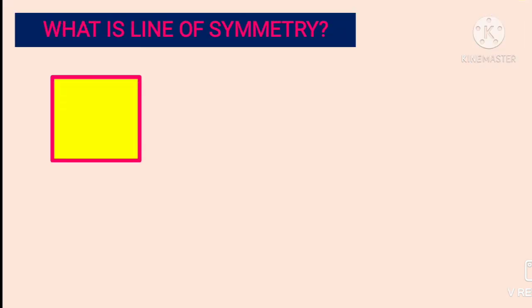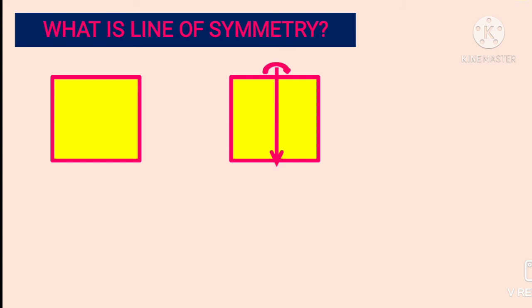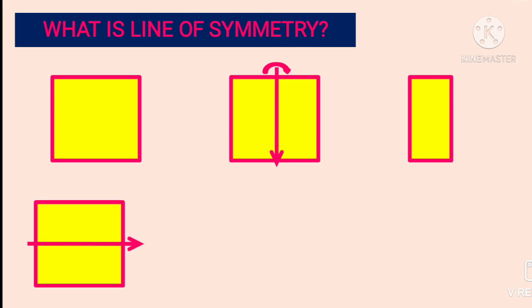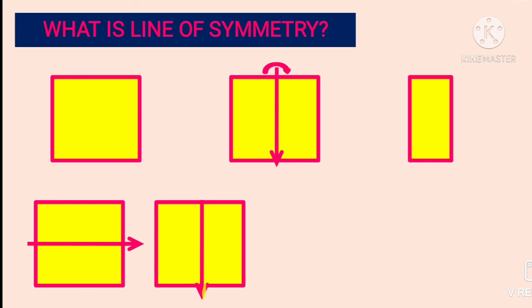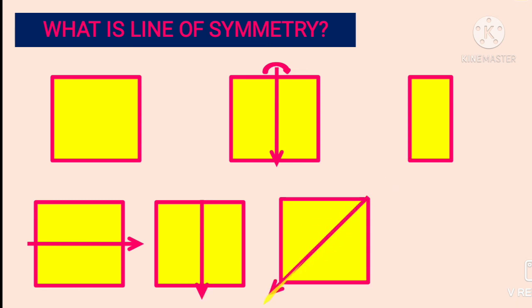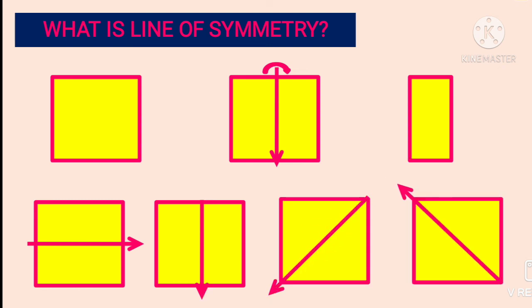So what is line of symmetry? And one figure can have more than one. Definitely, look at this square. You can put one line in the middle like this, and you can fit exactly the same. And then how many lines of symmetry does the square have? 1 horizontal, 2 vertical, 3 diagonal, 4 diagonal.